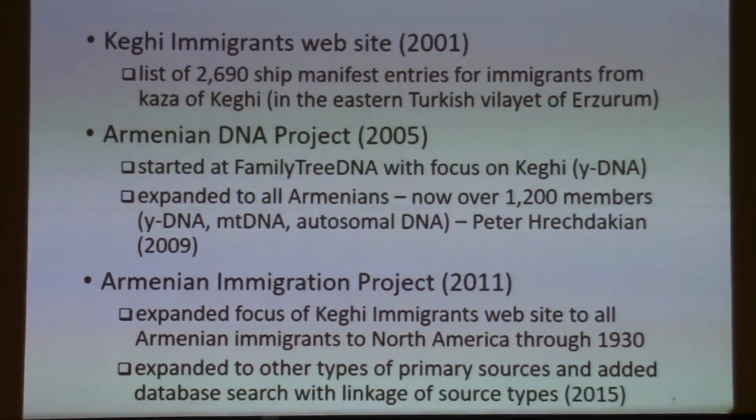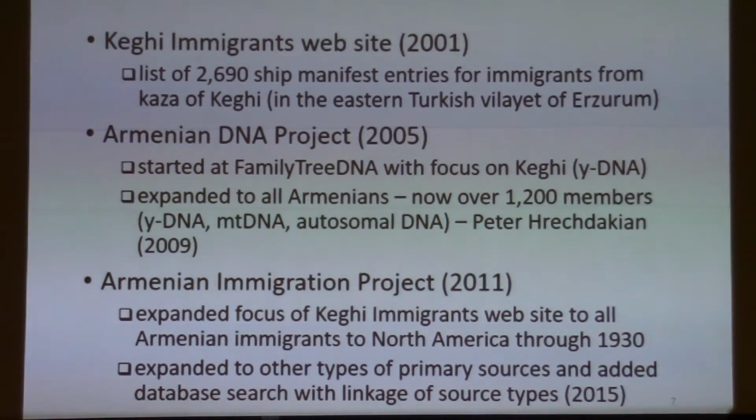And then in 2009, Peter Preshdakian from Belgium called me up on the phone, and says, I found this project out here. He says, my interest is in Armenians coming from all over the world, not just Kari. So I said, well, you're welcome to join the project. And then I pretty much handed it over to Peter because he had the energy and a lot of contacts all around the world.